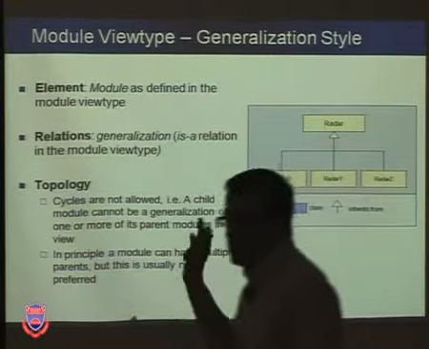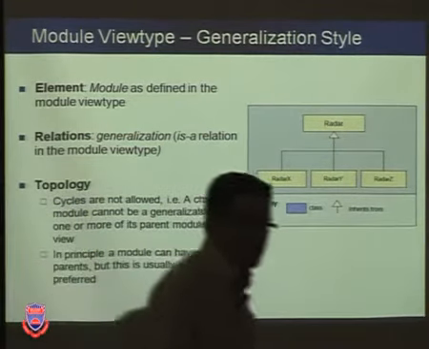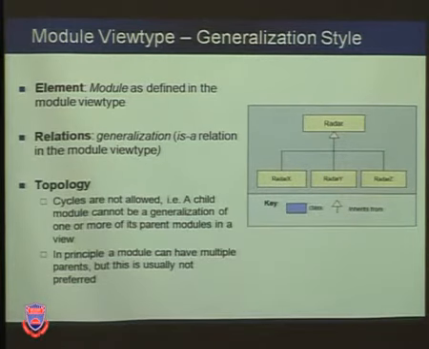You are not allowed here to put users relation or decomposition relation. If you have a pure generalization style, you can later on also combine these views. But if you say I have a generalization style, the only thing that you can see in this view is the modules and one type of relation, which is the inheritance relation.